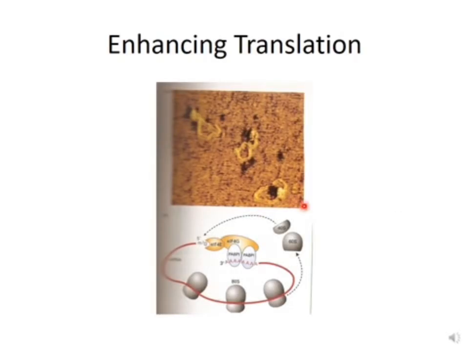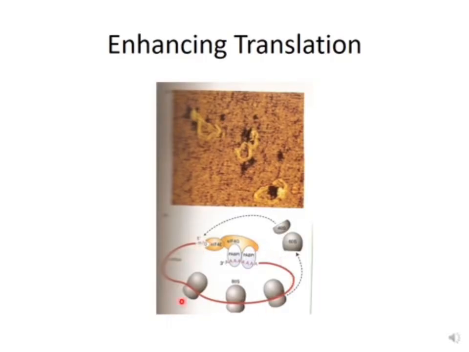So this is the example. We have the poly-A binding protein on the 3' end of the mRNA. This protein binds the 4G subunit of initiation factor 4, which is also bound to the E subunit of initiation factor 4 that is bound to the cap of the 5' end of the mRNA.